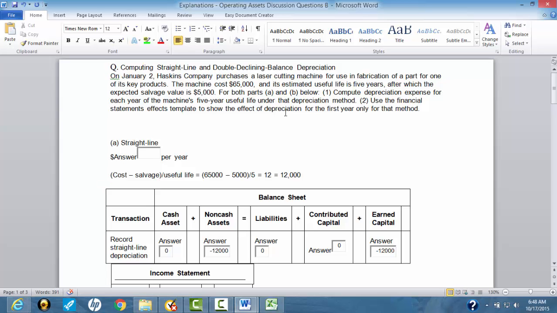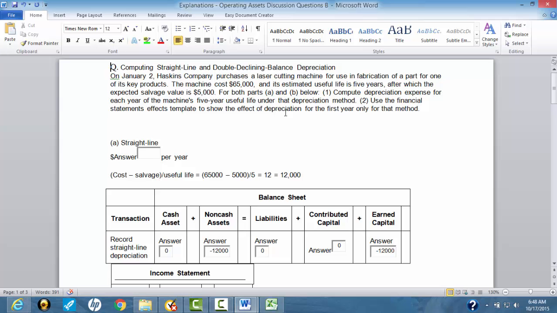Now, we are asked to compute depreciation expense for each year of the machine's 5-year useful life under the straight line method and the double declining balance depreciation method. And then we are also asked to use the financial statements effects template to show the effect of depreciation for the first year only.